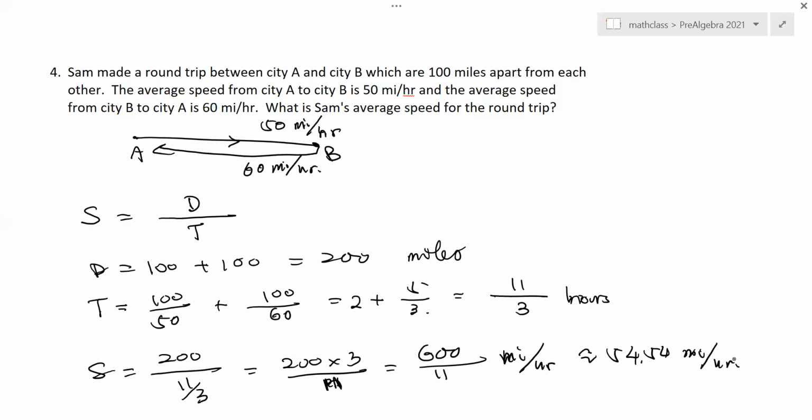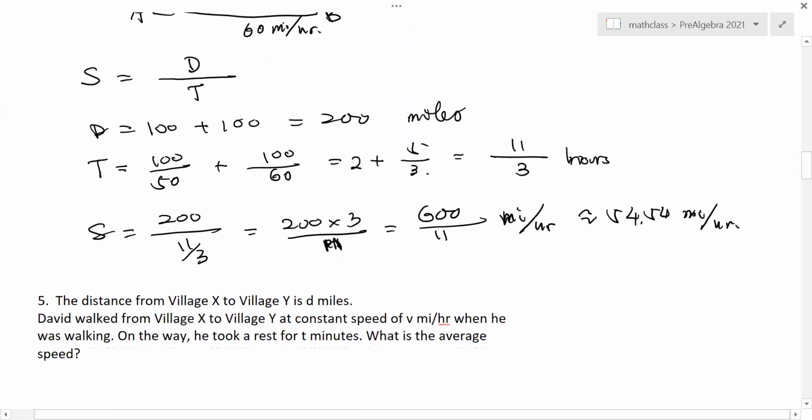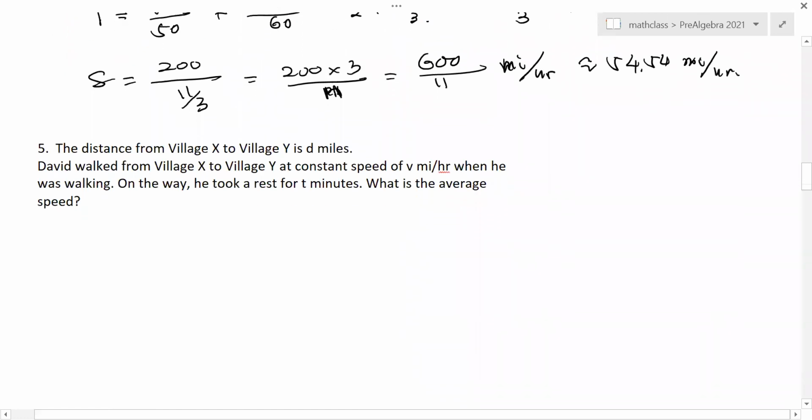Got it? It's not going to be the average value of the two speeds. You have to use the original definition of speed. This whole trip is a round trip. It travels 200 miles, and how many hours? 11 over 3 hours. Then you do the division, then you solve the problem.